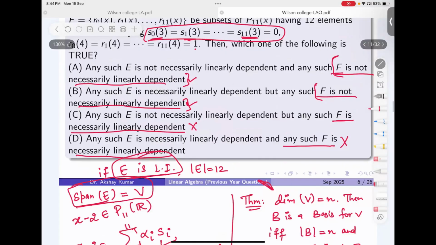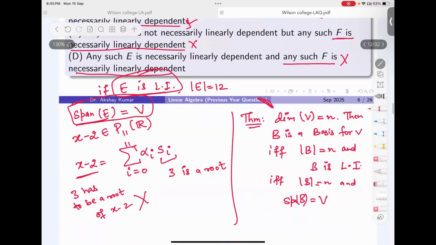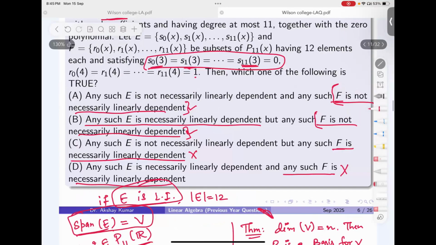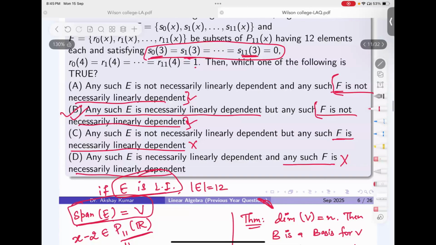So it has to be linearly dependent. Any such E is necessarily linearly dependent. Otherwise, it will span the whole space and 3 will be a root of x minus 2, but that is not true. So option B is correct.